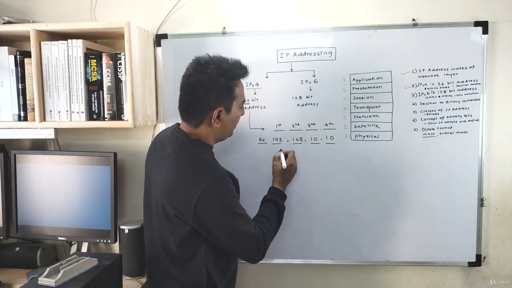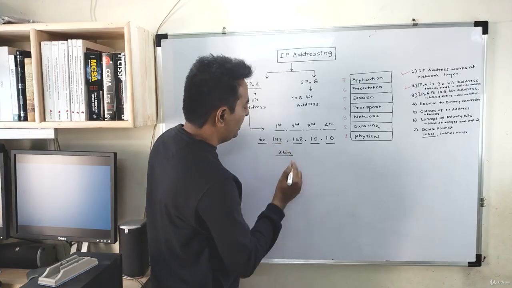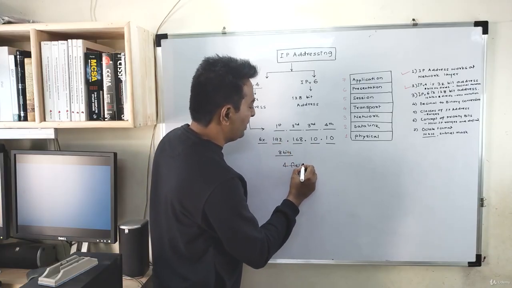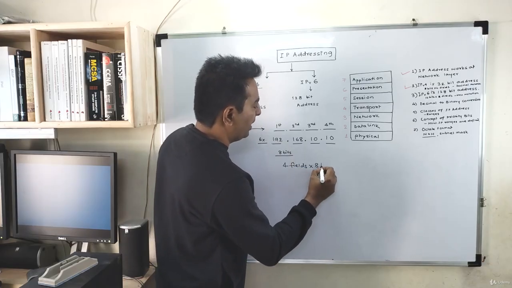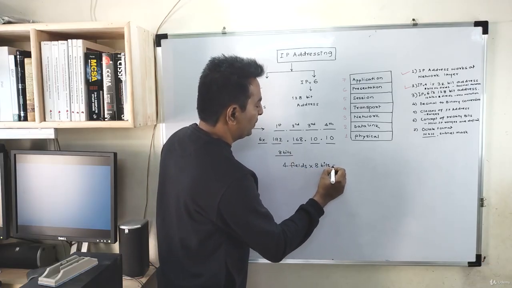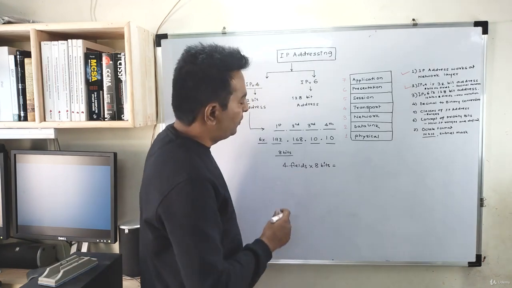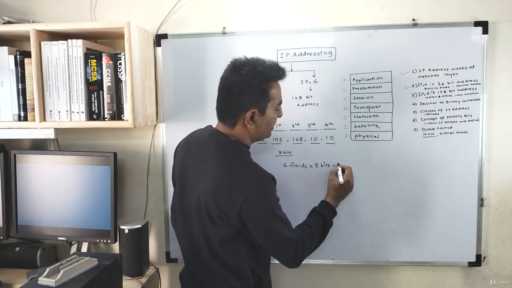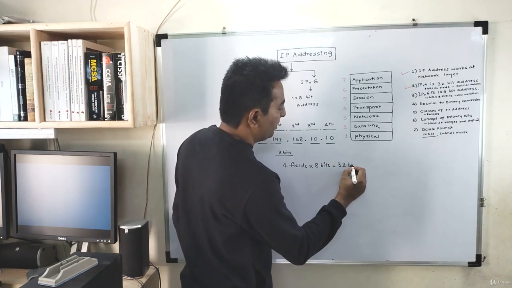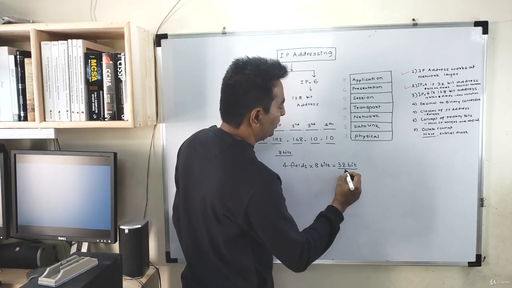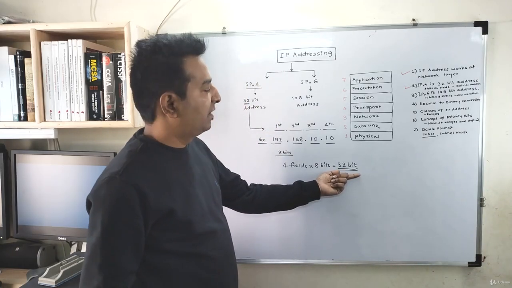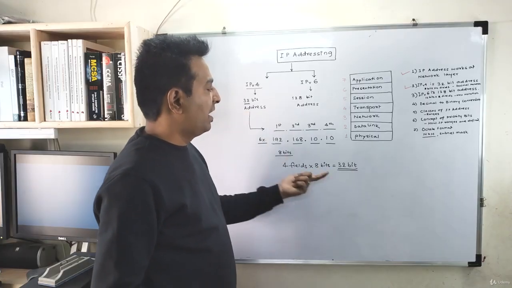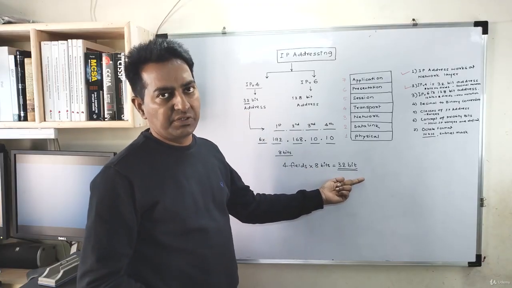There are 4 fields in the IP address, and each field has 8 bits. If you multiply 4 fields by 8 bits, it comes to 32. That's the reason why we call the IPv4 address a 32-bit address.